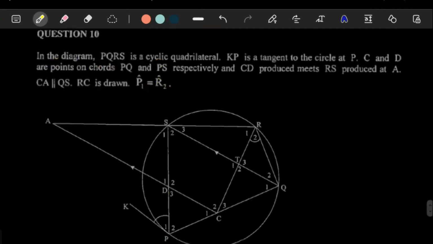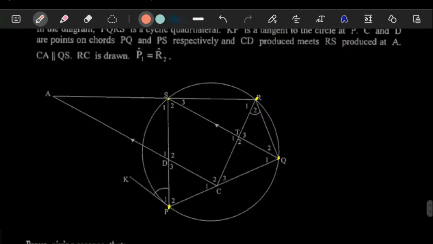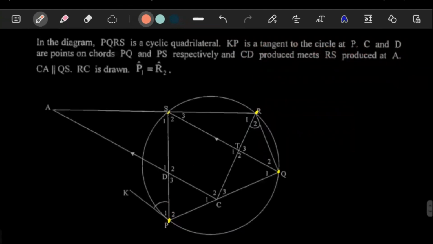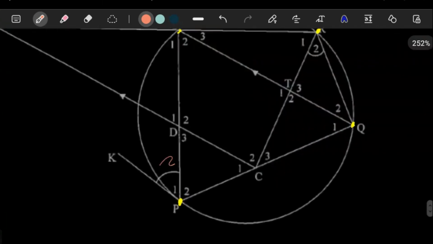It is P, Q, R, S. And then it says KP is a tangent to the circle at P. Well, we have the tan chord theorem, obviously. This one is going to be equal to that one because of the tan chord theorem.